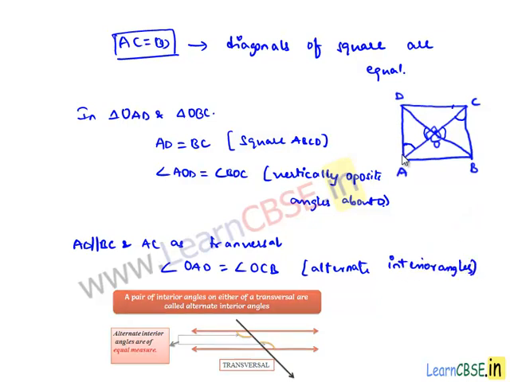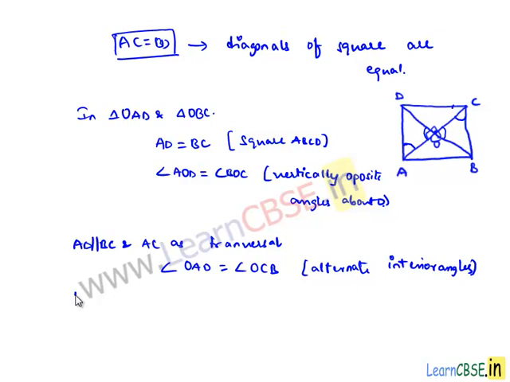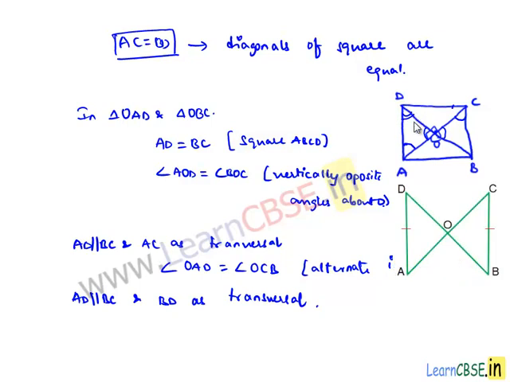Now again, considering the same point that AD is parallel to BC and BD as transversal, we can say angle ODA will be equal to angle OBC since they are also alternate interior angles.